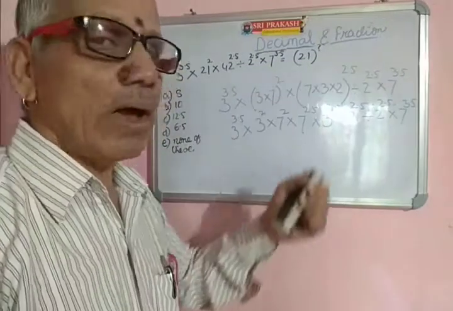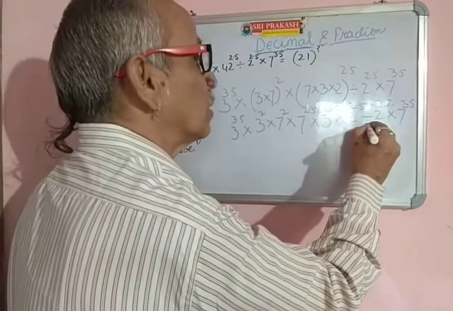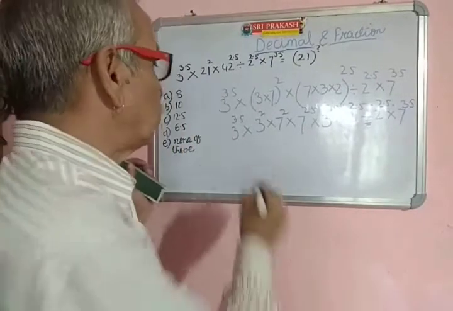So in BODMAS, B is over. We do not have any of, so let us go to division. Here you have division, so you should change that into multiplication. What happens? Let us see.